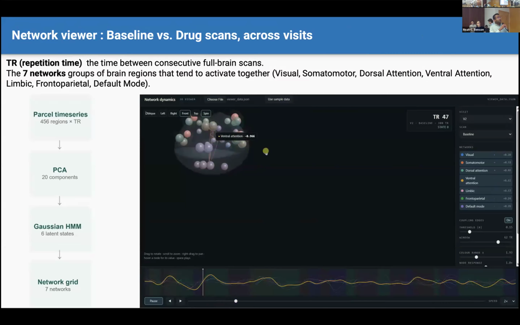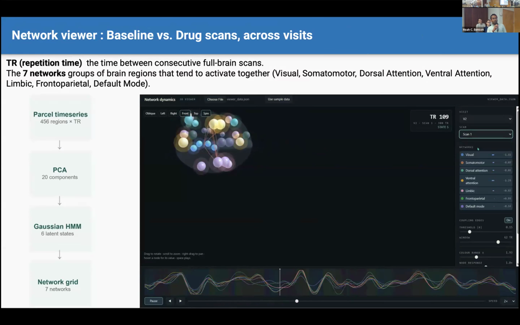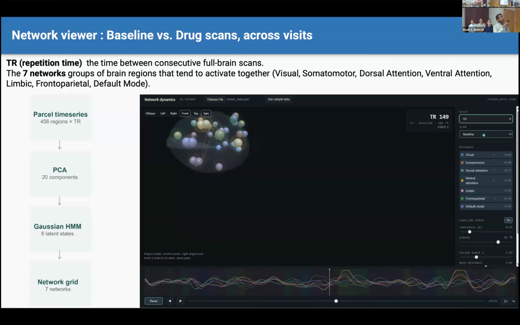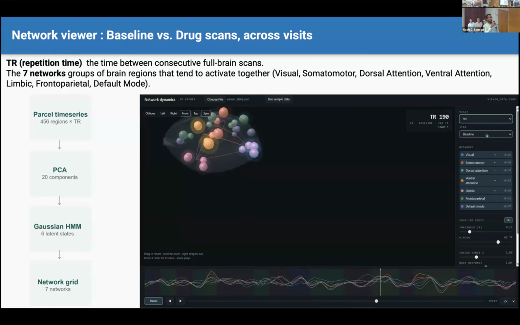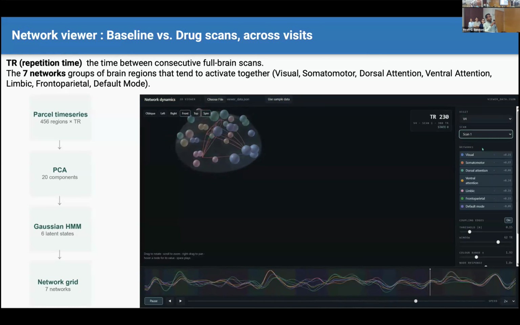So this is a network viewer, which is the same as Daniel mentioned. This is basically a web-based GL model, which is a live visualization. Here we have a Gaussian HMM model, which is the user's latent state, and the PCA on the data for the one subject.